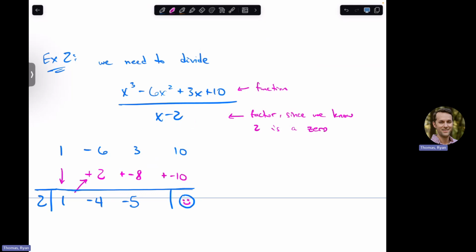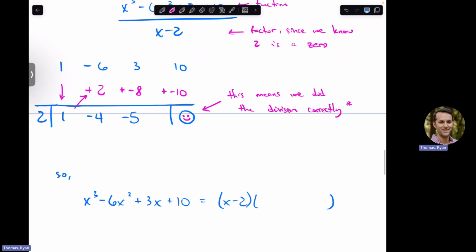This 0 almost certainly means that we did the division right. It's very unlikely that I goofed up the division somewhere and still got remainder 0. Again, asterisk, it almost certainly means we did the division correctly. But that's a good sign.